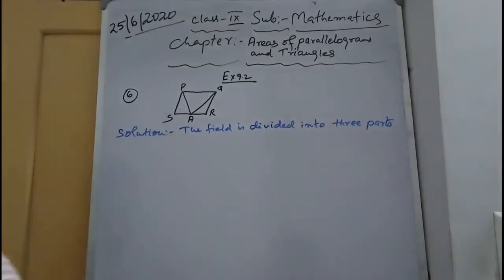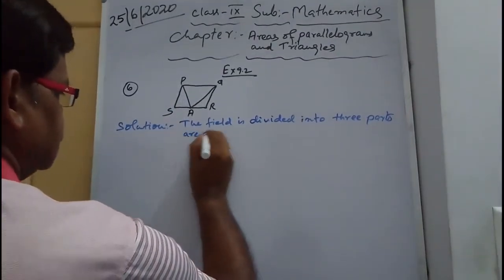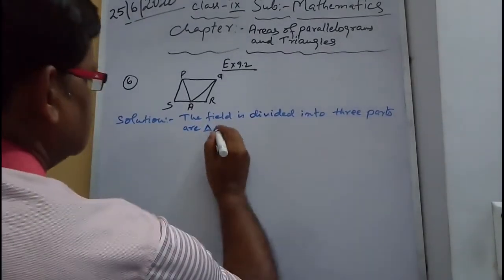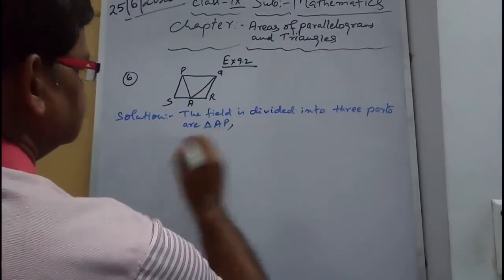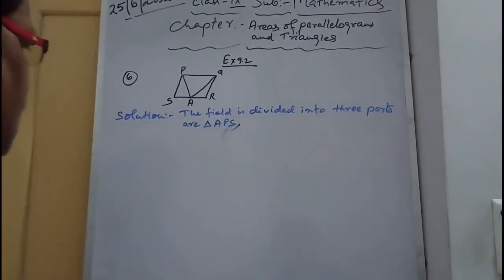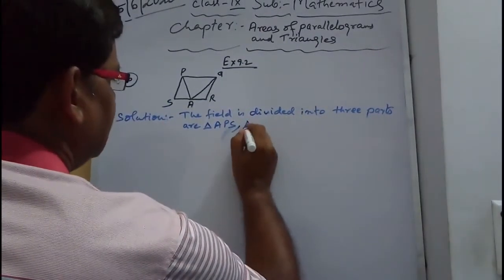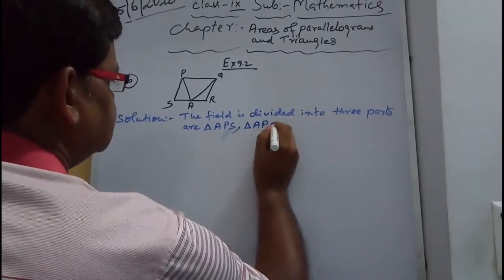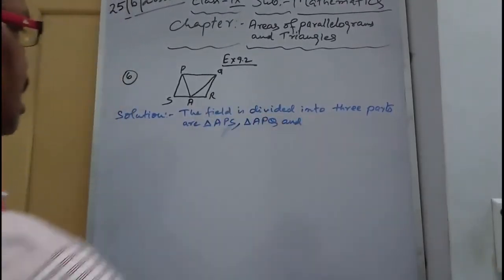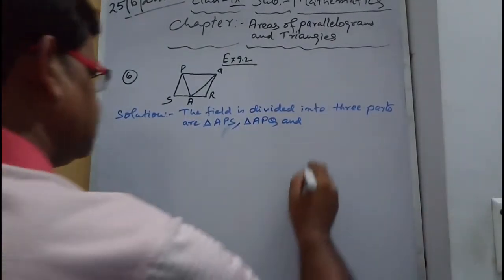And these three parts are triangle APS, another is triangle APQ, and third one is AQR.